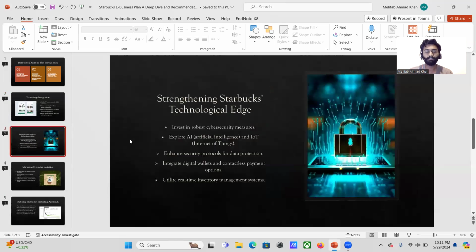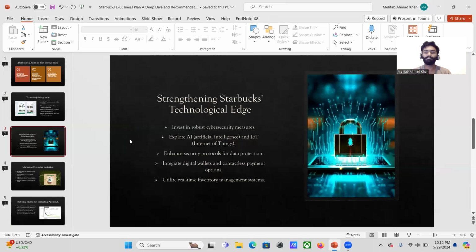So moving on to more detail about the technological edge. Starbucks can use robust cybersecurity, one of the improvements they can make to their technological system.